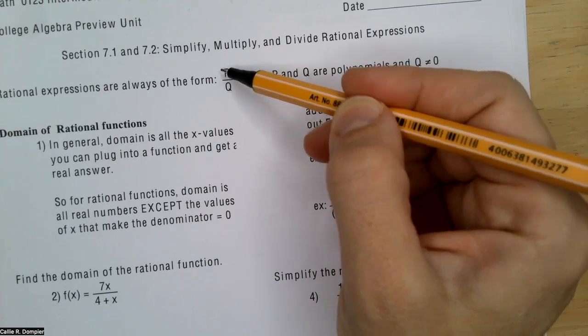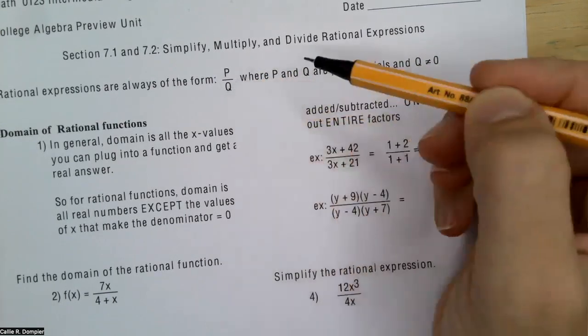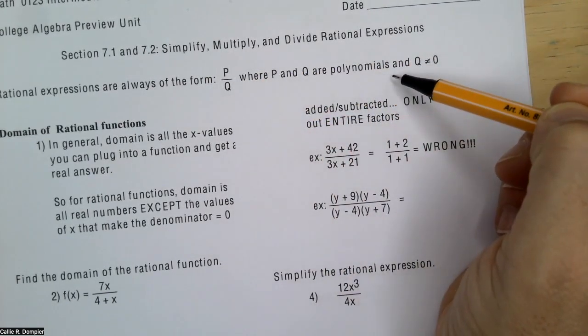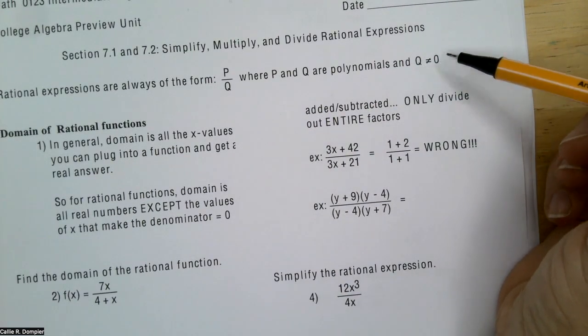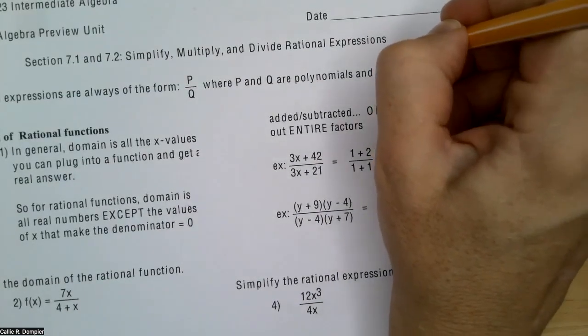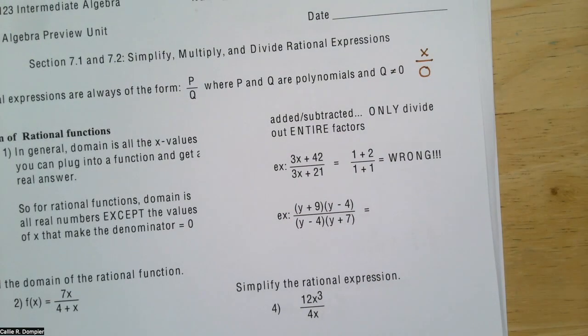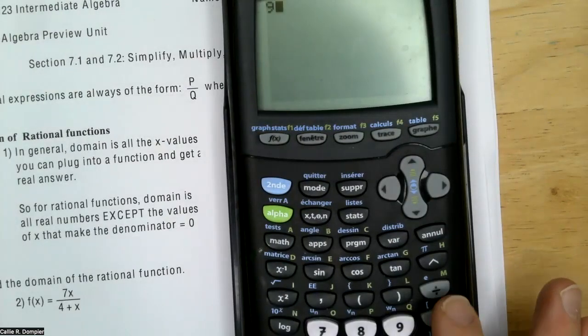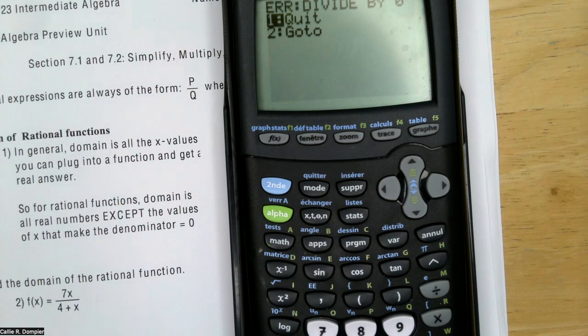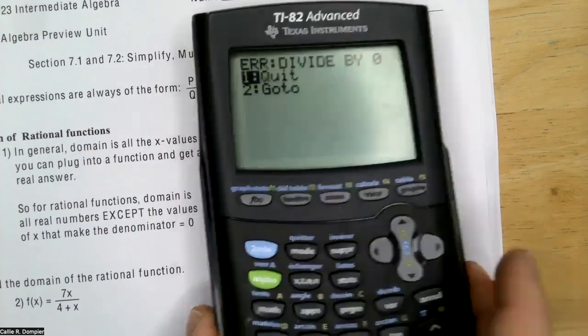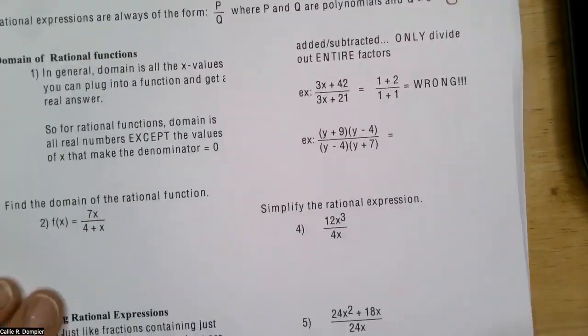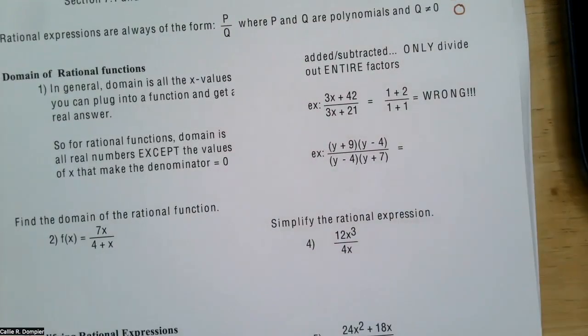So a polynomial or a term divided by another polynomial or a term. P and Q are polynomials and Q can't be 0, right? Because remember, anything divided by 0 is called undefined. You can't do it. Error. Good. So make sure that Q is not equal to 0.